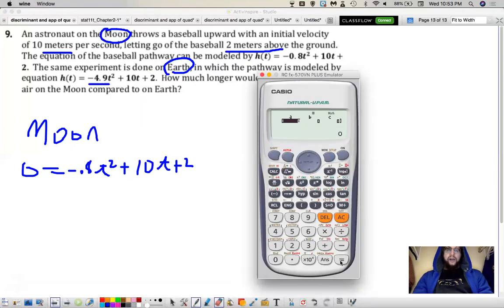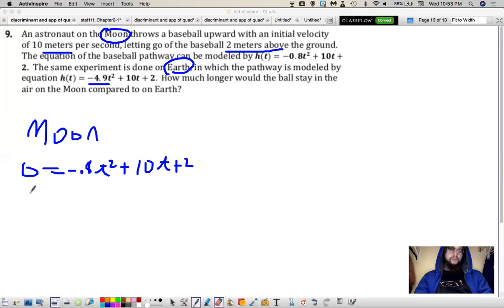Using the quadratic formula, we get 12.7.